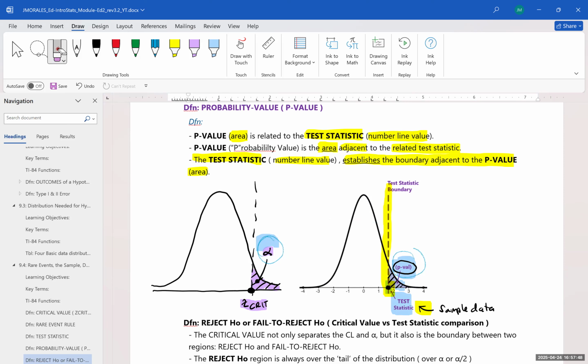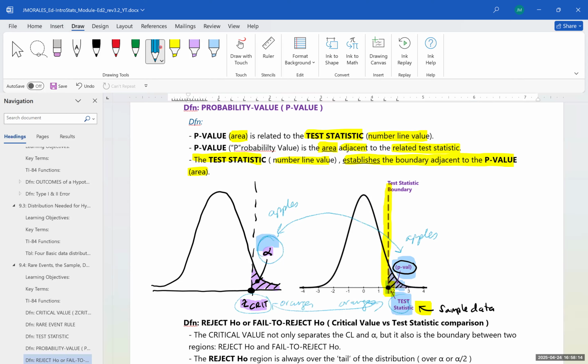But given that they are two different things, we can compare area to area. Okay, that would be like comparing apples to apples. And we can compare critical value to test statistic. That would be like comparing oranges to oranges.